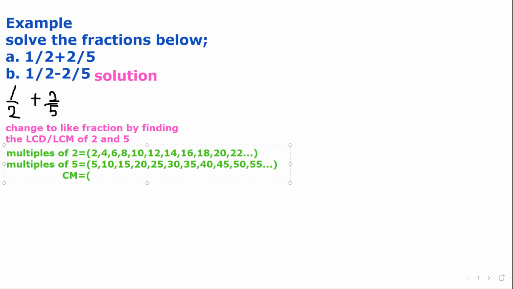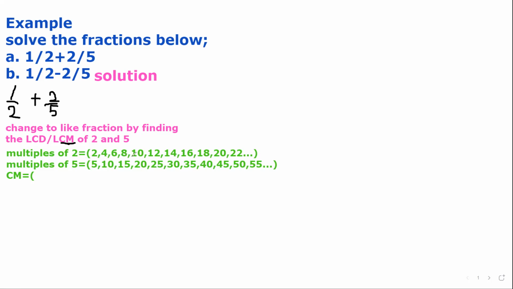Because once you're done with the M, which is the multiples, then you come with the CM, which is the common multiples. So after the CM, then you list the least one in the common multiples. Now let's check the numbers that appear in both the multiples of 5 and the multiples of 2.